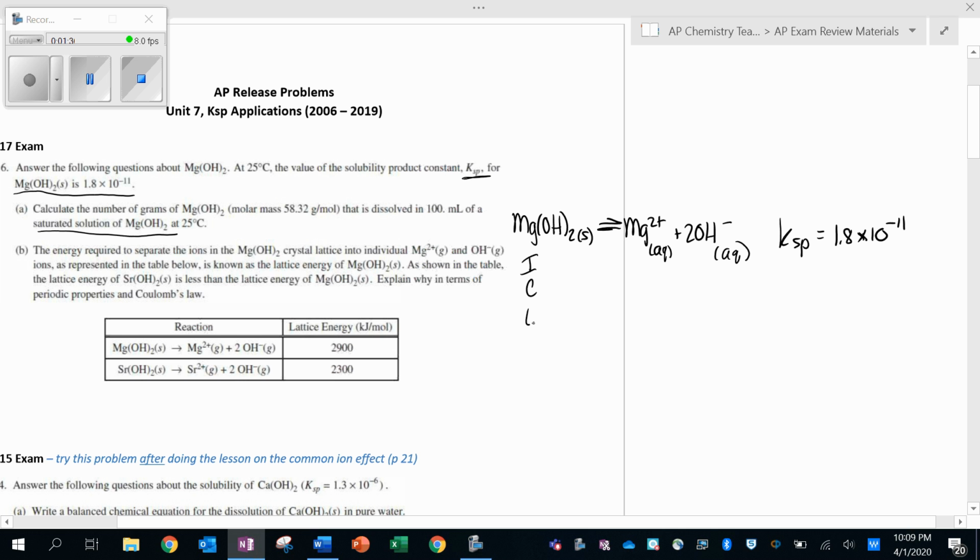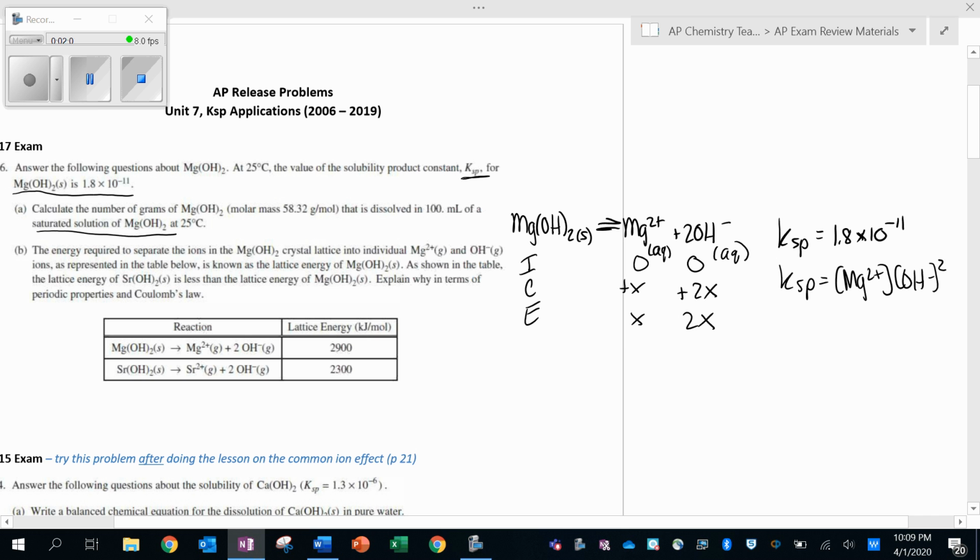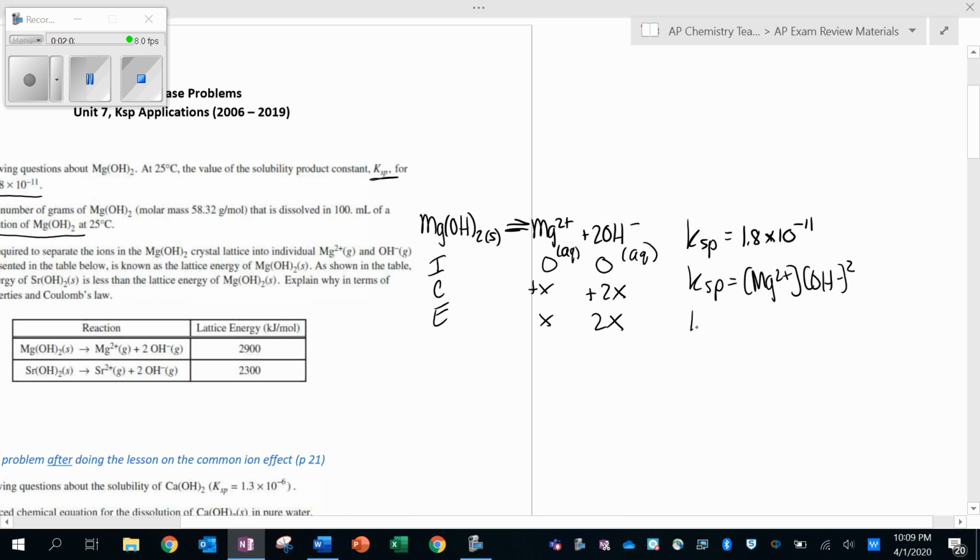To do that, I'm going to write out my ICE chart, and we are looking at dissolving this in some water. It starts out as 0, and you're going to form some ions in a 1:2 ratio. Let's write out our K expression. KSP is magnesium times hydroxide squared, and then I'm going to plug these values into my K expression: 1.8 times 10 to the negative 11th.